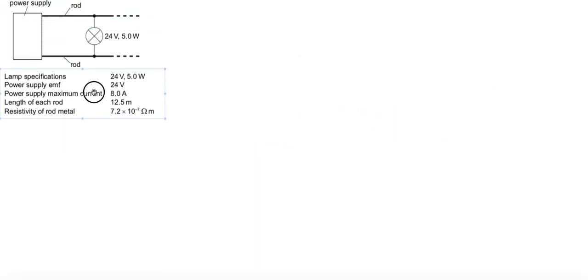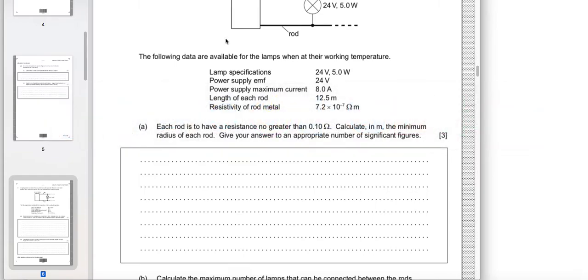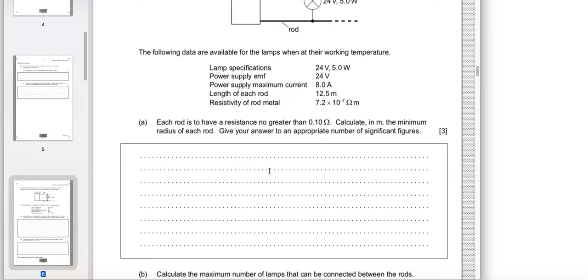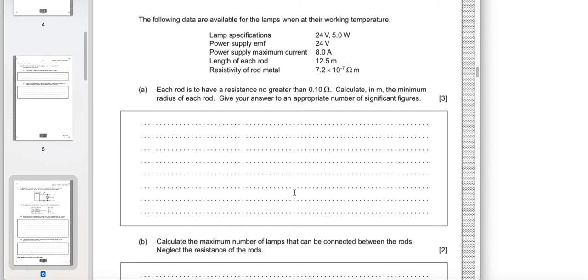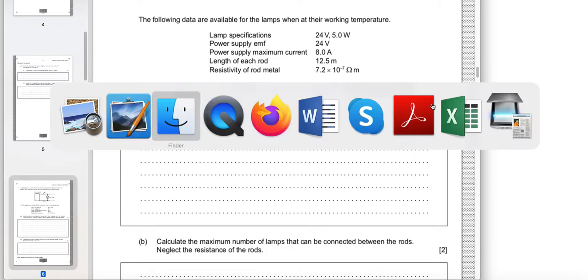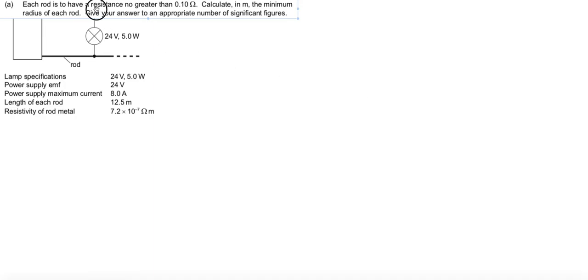Okay, and the first question: each rod is to have a resistance not greater than 0.10 ohms. Calculate in meters the minimum radius of each of the rods. Give your answer to an appropriate number of significant figures.